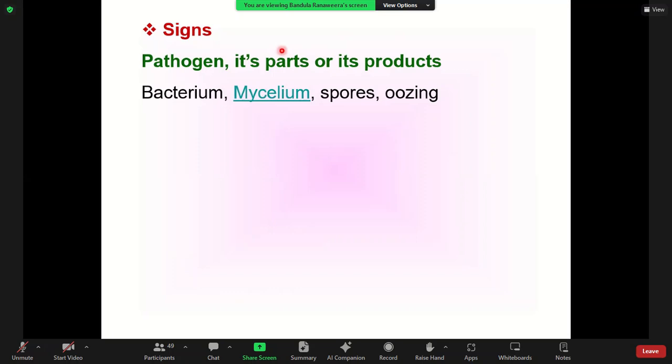in our plant. It can be a disease caused by a bacterium or the mycelium of a fungus. Spores may appear, or ooze may be excreted by the plant. So when there is a sign, it is easy to identify the plant disease.